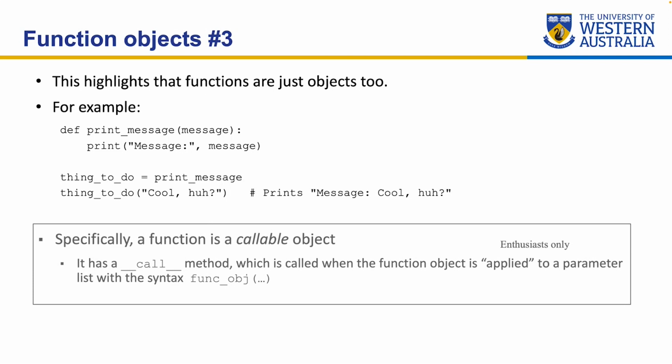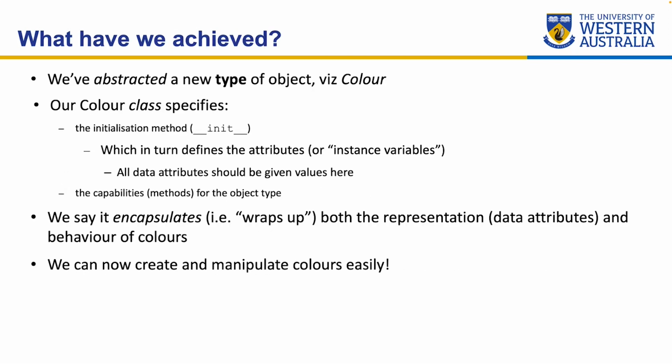Okay? And this allows you to do a lot more advanced stuff in Python, but in this video, we won't get that far. Okay, so what have we done so far? Well, we've abstracted a new type of object using the example color. Our color class specified the initialization method, which in turn defines the attributes, the red, green, and blue.